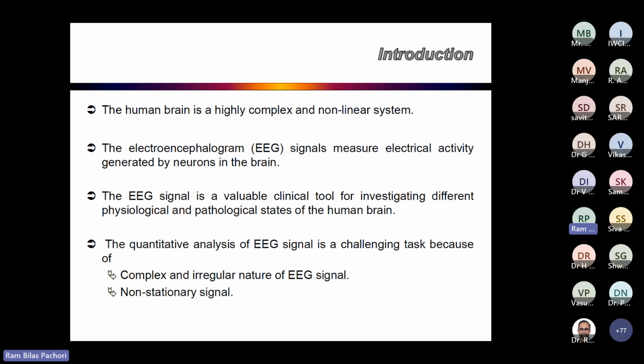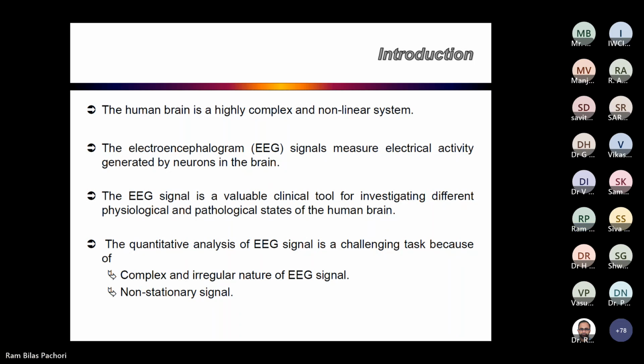This EEG signal is a very useful clinical tool, and it is a kind of signature we use to detect disease. If anyone has a brain related disorder or problem and goes to hospital, they will take your EEG signal.